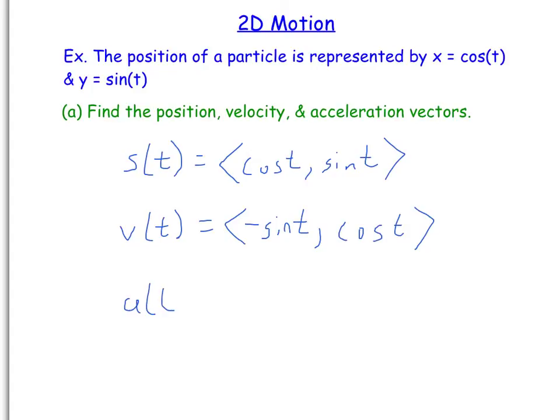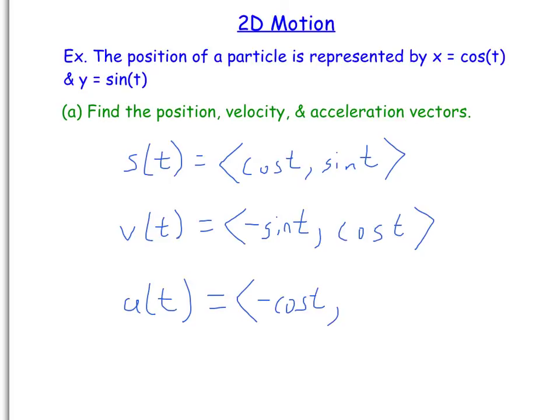And now, finally, for acceleration, it also has two components, and each component is essentially the derivative of the respective component of velocity. So for the x component of acceleration, we would differentiate negative sine t, and the derivative of negative sine t would be negative cosine of t.